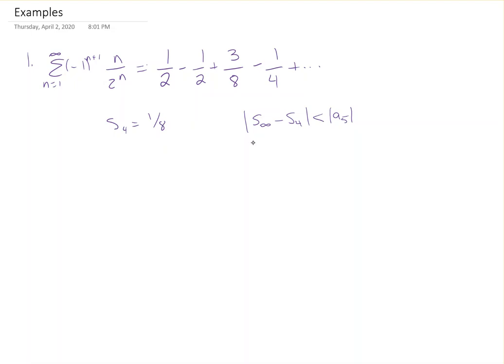Well, I'm going to be off by less than, well, if I plug in 5, what do I get? Well, I get 5 over 32. So I'm going to be off by some number that's less than 5 over 32. So you say to yourself, well, is it 1/8? No, it's not 1/8, but it's 1/8 plus some number that's less than 5 over 32.